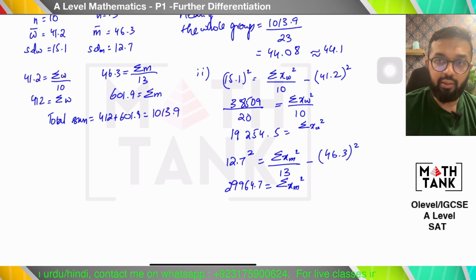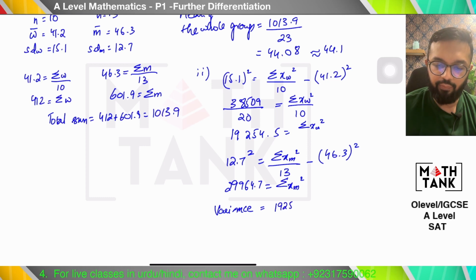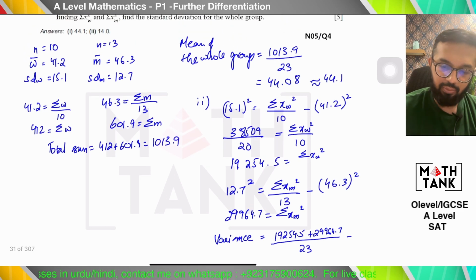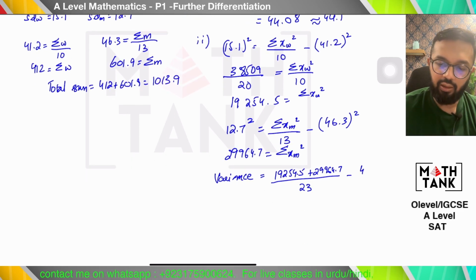Let's combine them to find the combined variance and then the combined standard deviation as well. So I'm going to say 19254.5 plus 29964.7 divided by 23, minus the square of the combined mean. What did you find as a combined mean? You found 44.08.